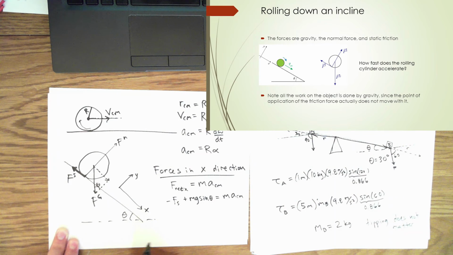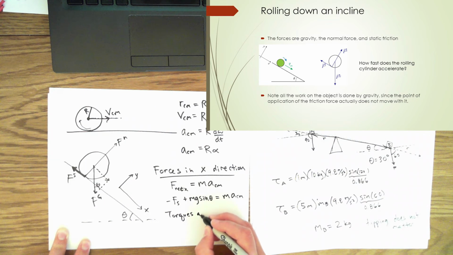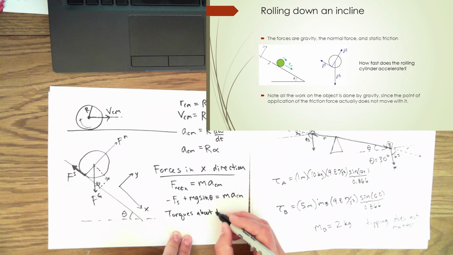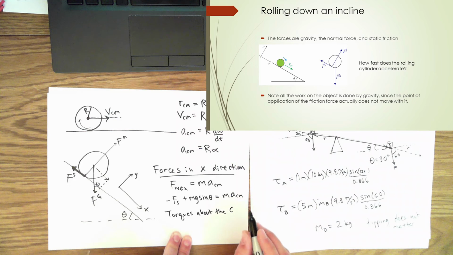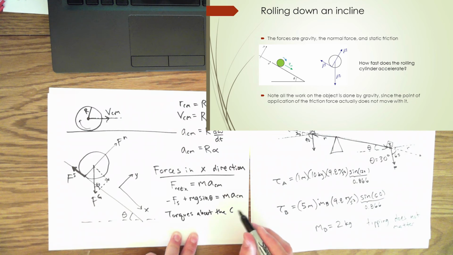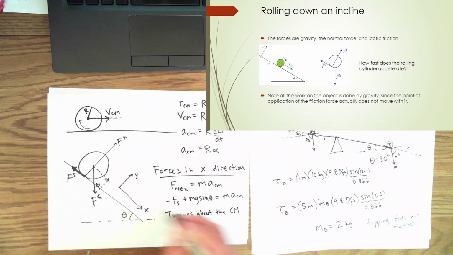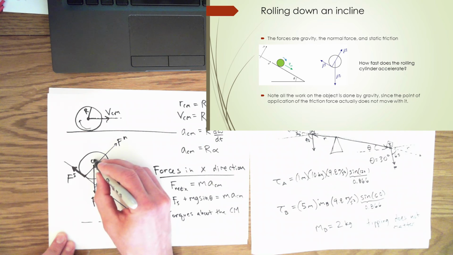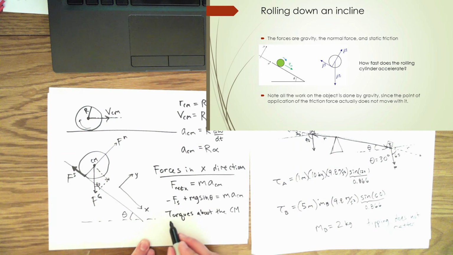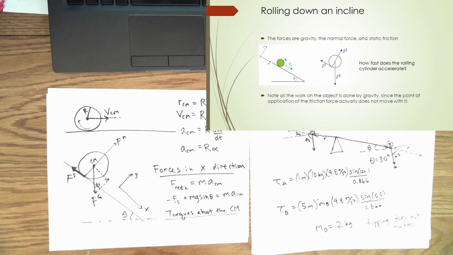Okay, another thing we're going to keep track of in this problem that will be useful are the torques. Again, if you talk about torque, you always have to say about what point. So about the center of mass. So this point is the center of mass. So the torques about the center of mass.